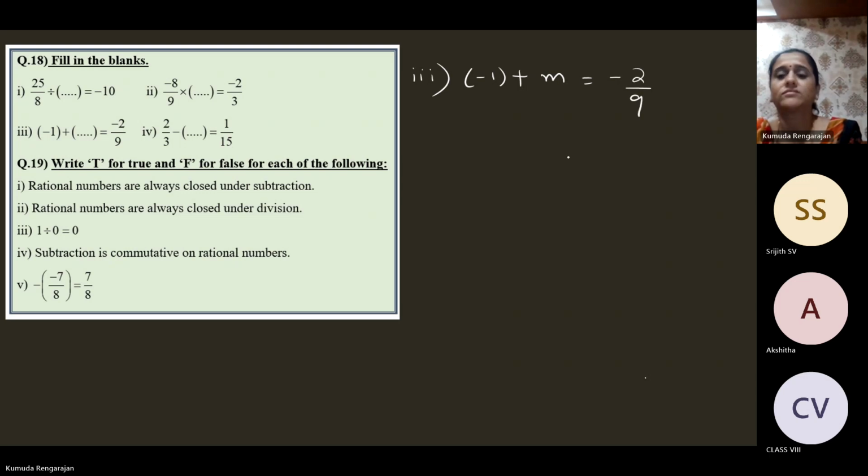So here minus 1 and m are connected with the addition symbol. When two things are connected by the plus or minus sign, look at this number. This is minus 1, so it will go to the other side as plus 1.